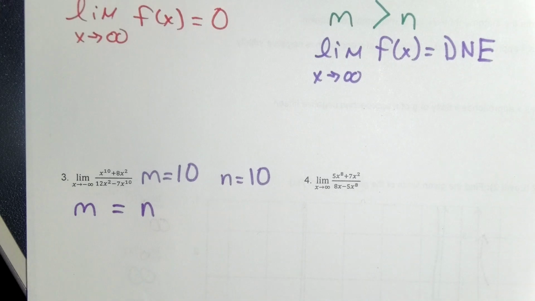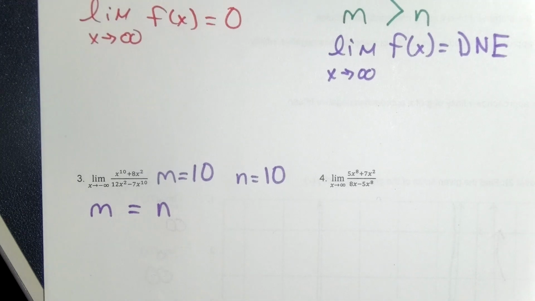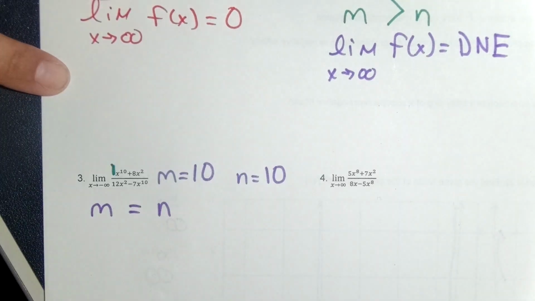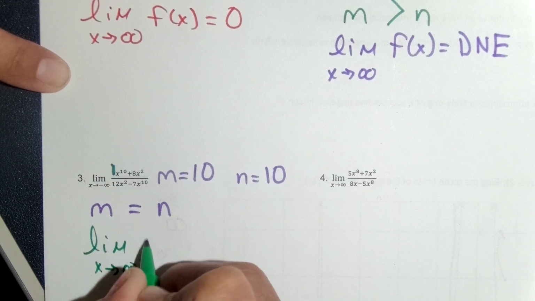If there is no coefficient, what is the understood coefficient? Ooh, I got you there. If there's no coefficient, 1. Okay, if there's no coefficient, the understood coefficient is 1. So if M is equal to N, what is the limit?